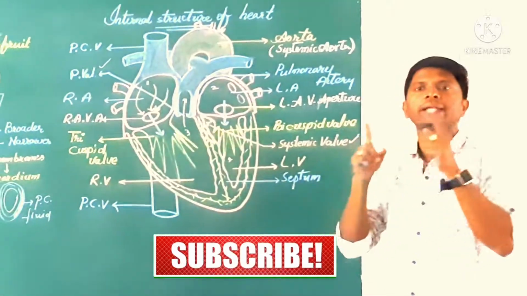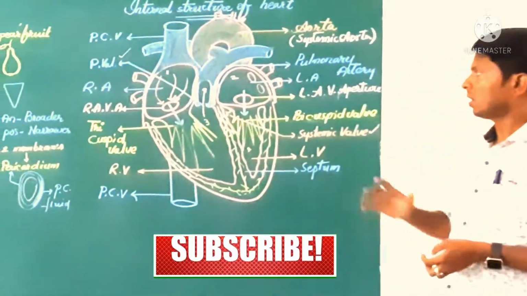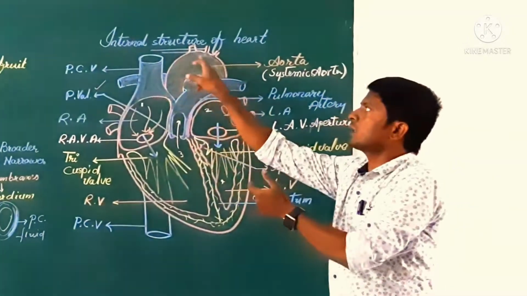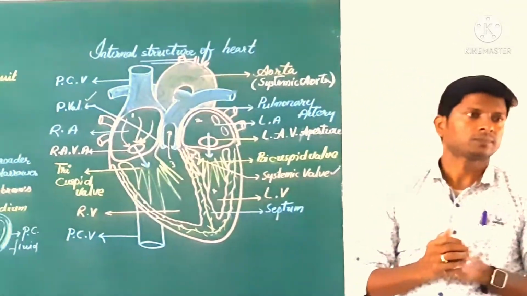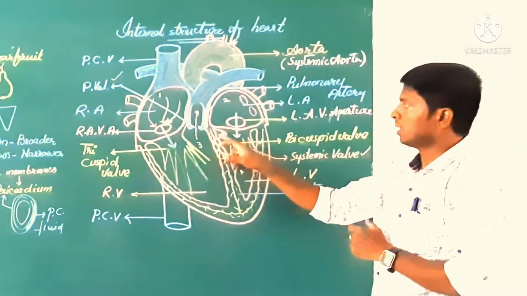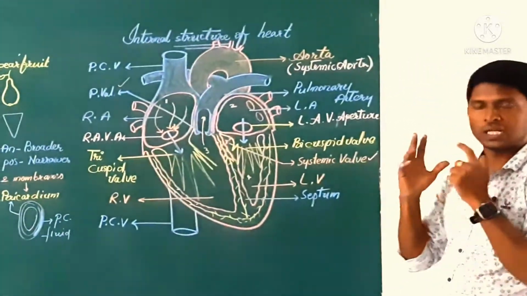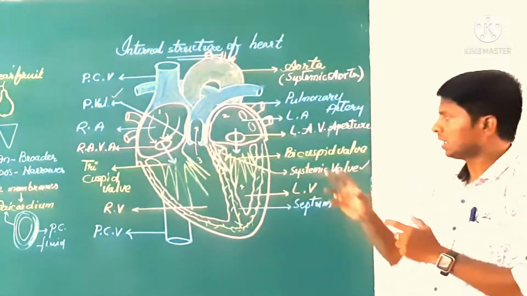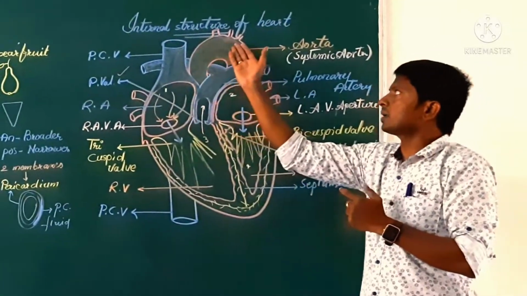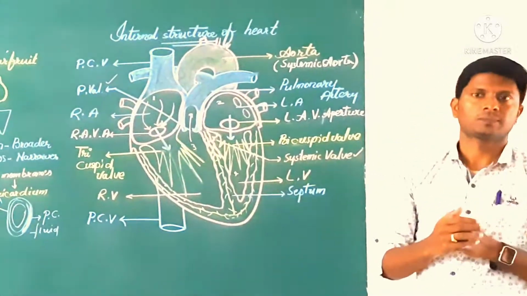This valve allows blood flow from the left ventricle to the aorta only. I repeat again. This systemic valve allows blood from the left ventricle to the systemic aorta only.